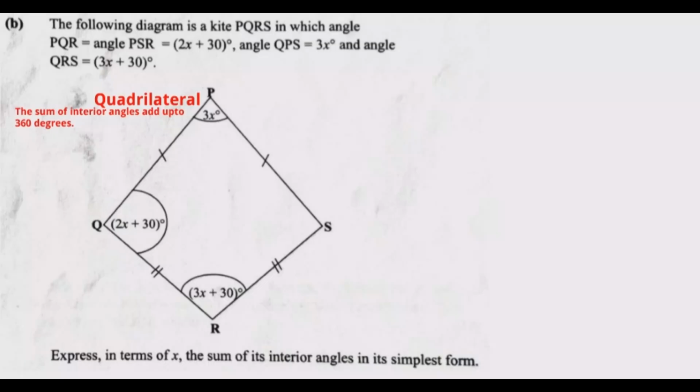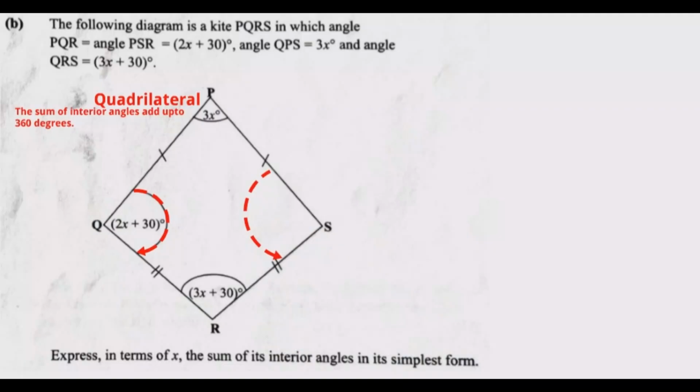So for us to do this, we also need to look for angles that are equal. Now when you look at angle PQR and angle PSR, these angles are equal. Why?